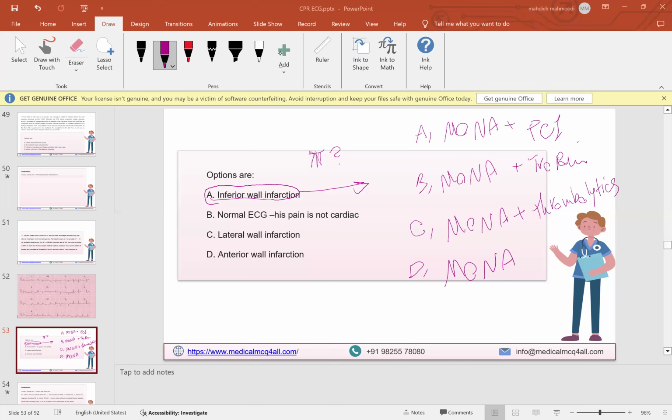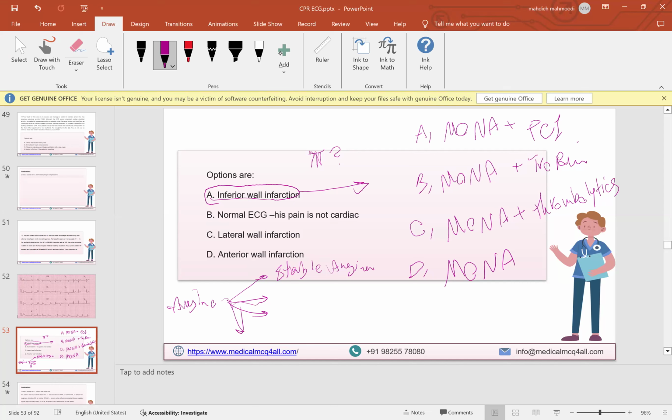So technically in the heart pains, in the anginas, you have 4 different concepts. One is stable angina. Stable angina means the patient tells you, when I walk, when I do some physical activity, I have the pain. When I don't, no pain. Or when I sit down, the pain goes away.